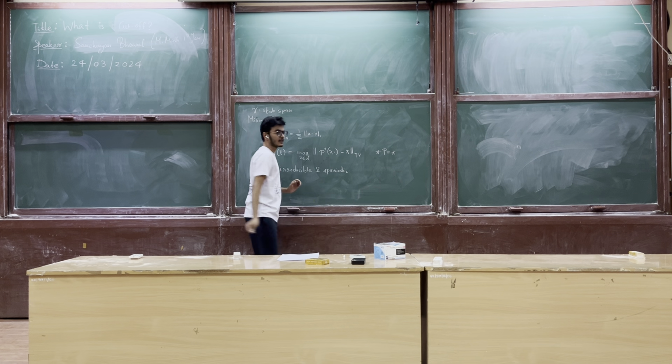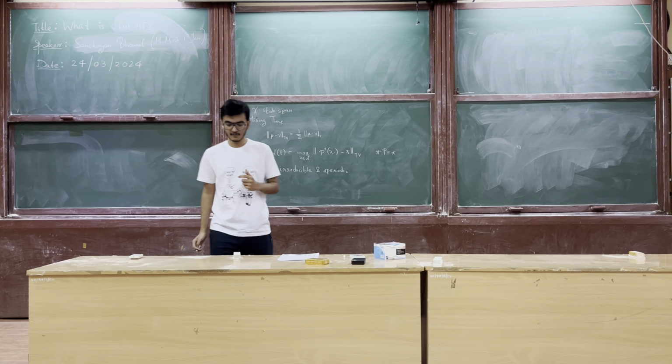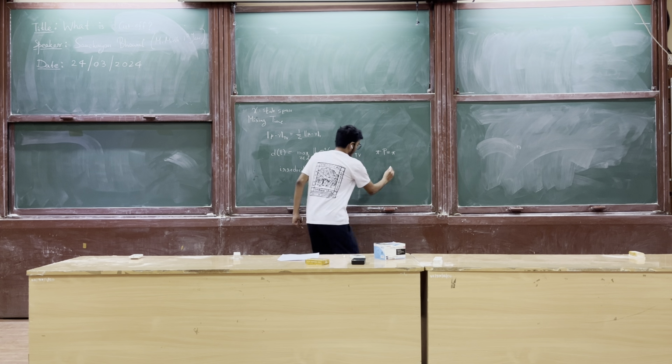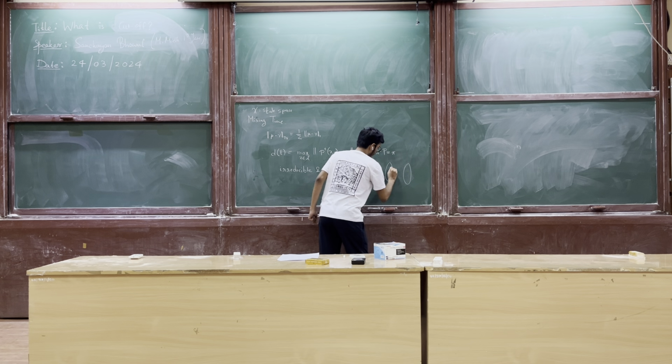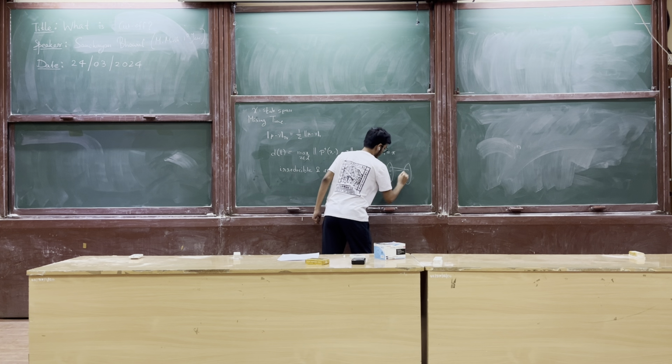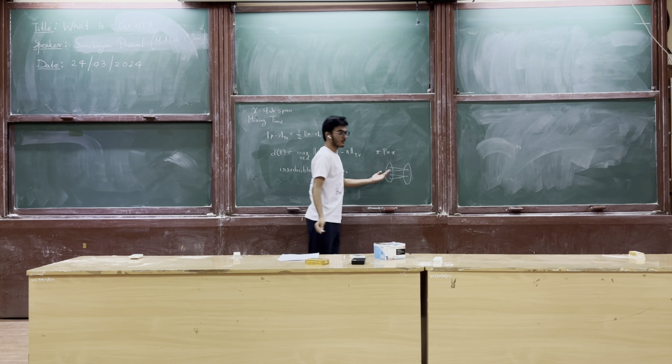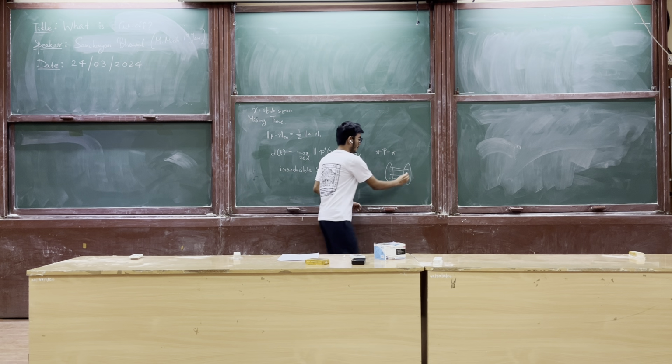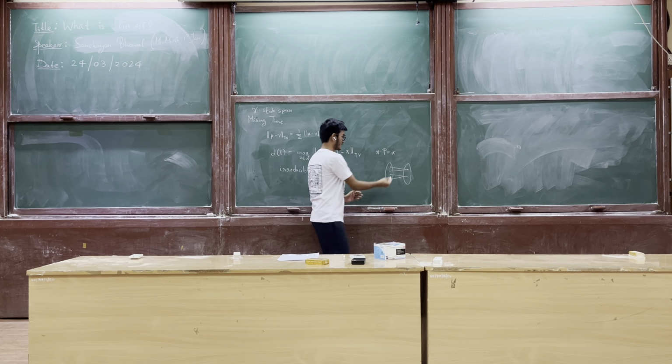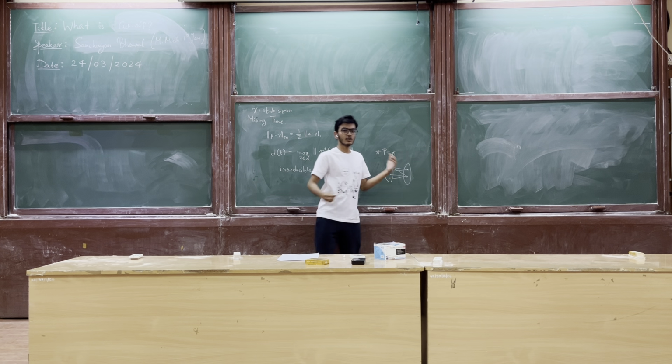What happens in the periodic case is, for example, if you take a bipartite graph, here are a few points, and you are doing a random walk. What does a random walk mean? You start from one point, you randomly choose from these two points, let's say this one, and you come here. Again, you have, let's say, more edges here, and you randomly choose one of the neighbors and go back, and you continue this.